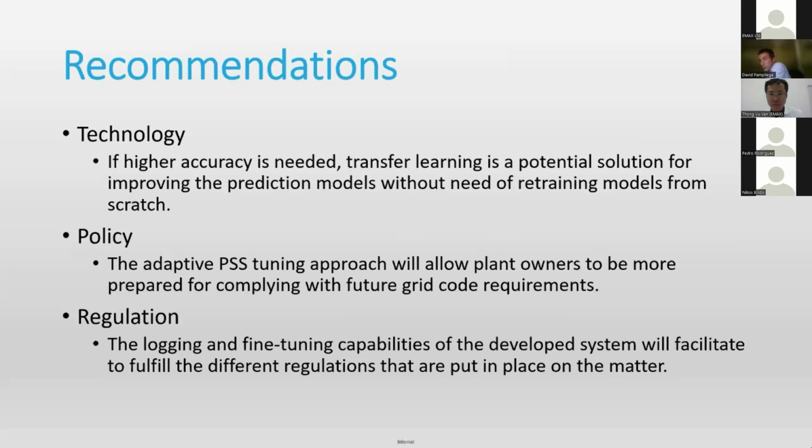So we will give both the system operators and the plant owners tools to comply and to log with respect to the regulations that may be required of them.